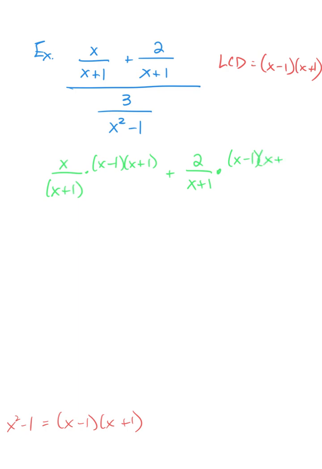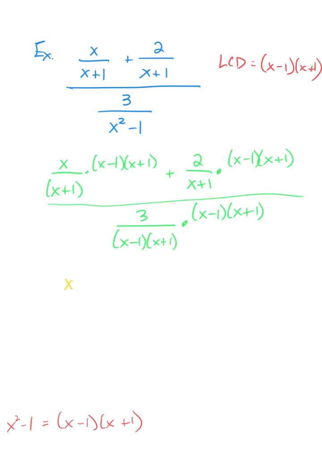And yes, you could have combined those at the start since they have the same denominator. And 3 over x minus 1, x plus 1, multiplied by x minus 1, x plus 1. Then my next step is to cancel things I can cancel. And I'm left with x times x minus 1 plus 2 times x minus 1 all over 3.